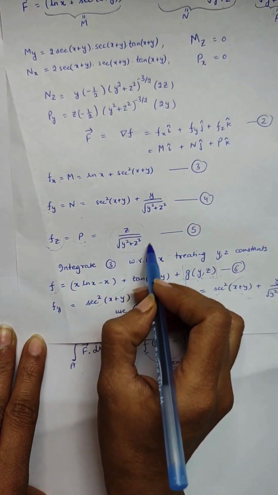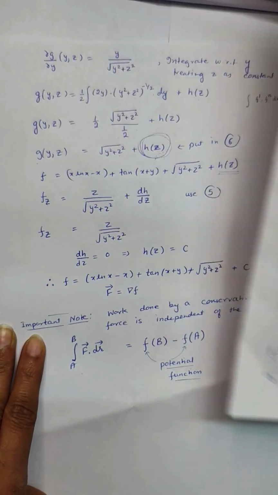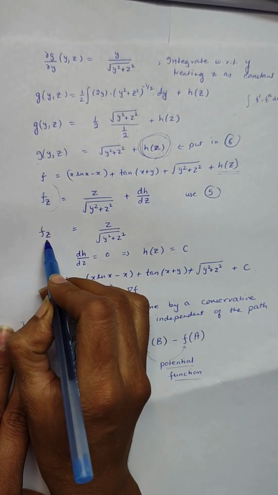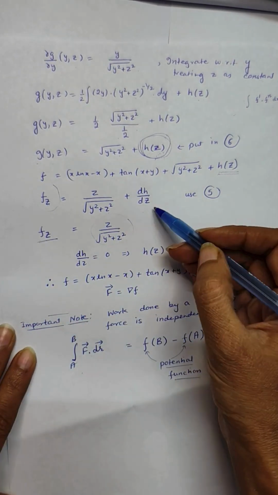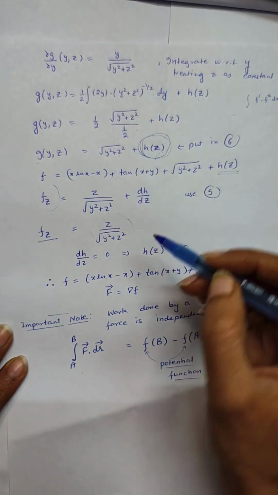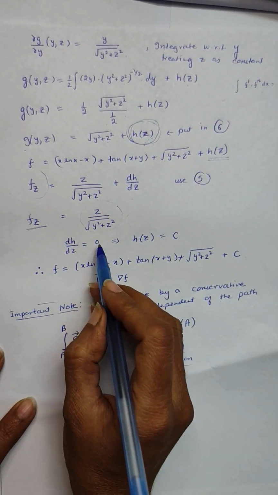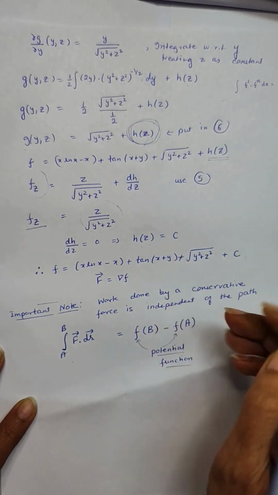So we already have one expression for fz. So these two must be equal. So this derivative of f with respect to z must be equal to this function. So we set them equal to each other and we get that the derivative of this function h with respect to z is equal to 0. That means h is a constant function, right?